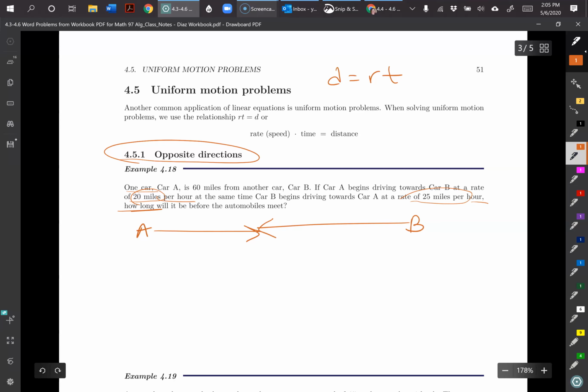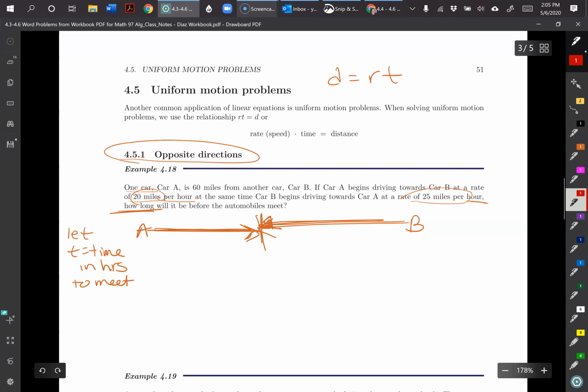So we're trying to find time, so it would be in hours. So let T equal time in hours, and that's to meet, right? So car A is going along, and car B is going the other way, and they're going to meet at some point. And we know the total distance is 60 miles.